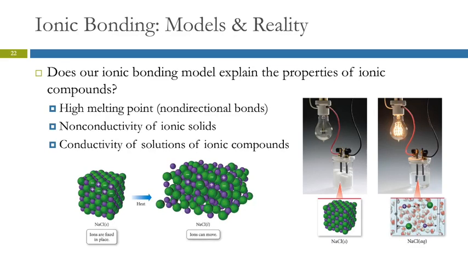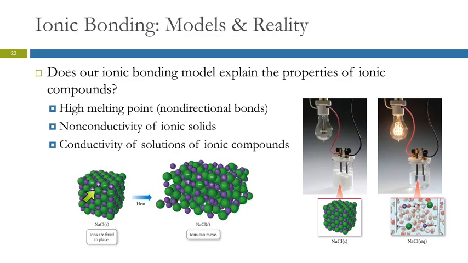Yes? Say what again? The melting point. Okay. So a high melting point. In order for a substance to melt, it has to go from this rigid, fixed condition to where the particles can move relative to each other.